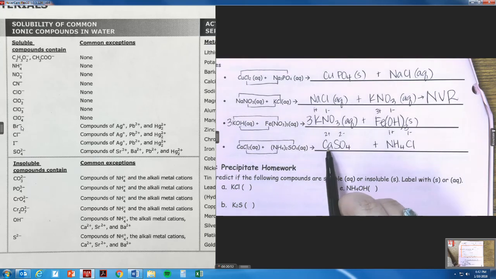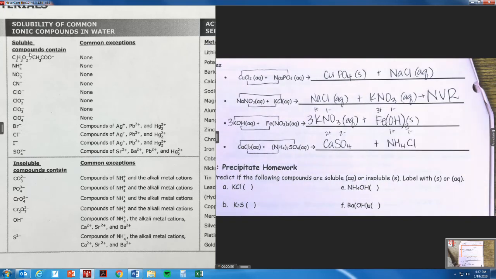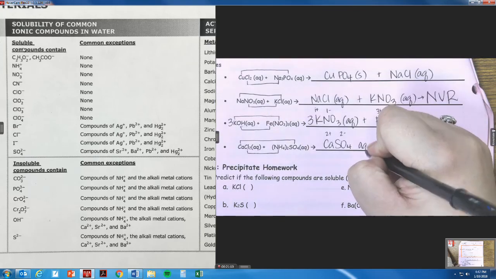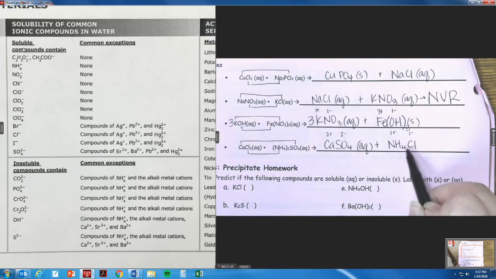Okay, so let's check. Calcium sulfate, is that soluble or insoluble? So sulfate is right here. Calcium is not one of these exceptions, so that means sulfate is soluble. So we're going to have an aqueous compound. And then lastly we have ammonium chloride.